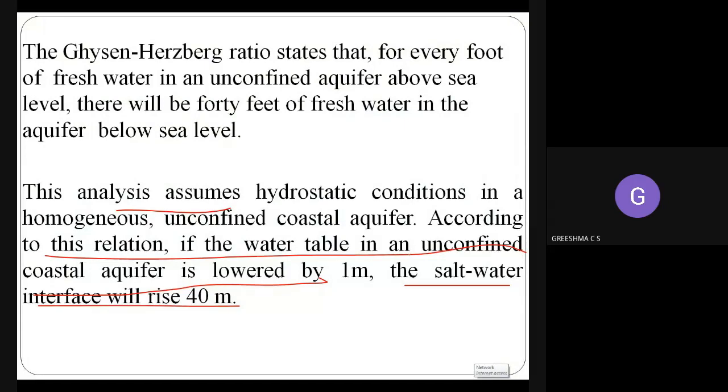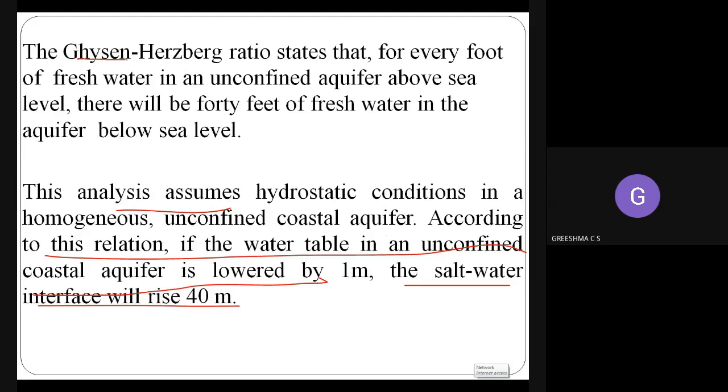According to the Herzberg equation, they are saying that if our water table goes down by 1 meter, 40 meters of salt water will rise. If the freshwater aquifer in the coastal region is lowered by 1 meter, correspondingly salt water will rise by 40 meters. That is what Ghyben-Herzberg is stating.